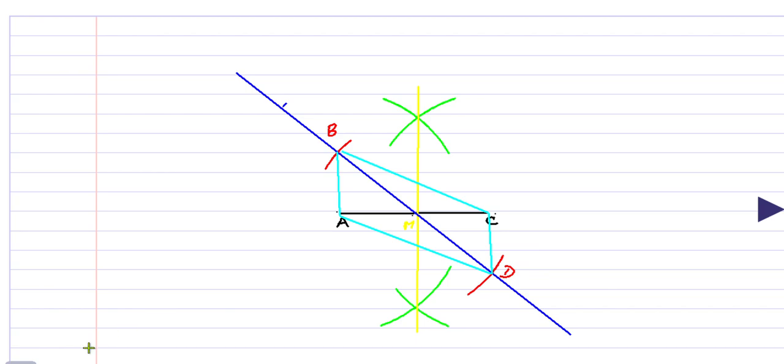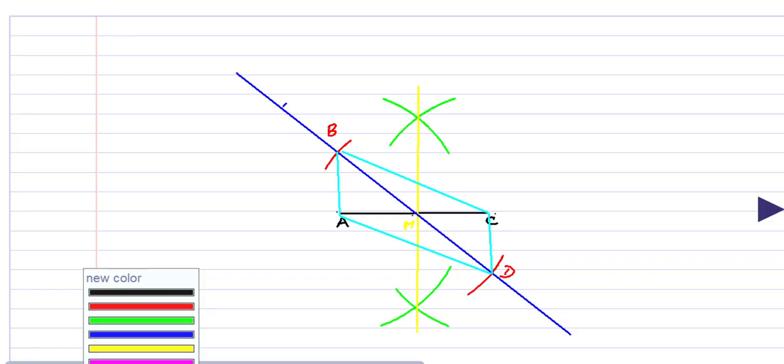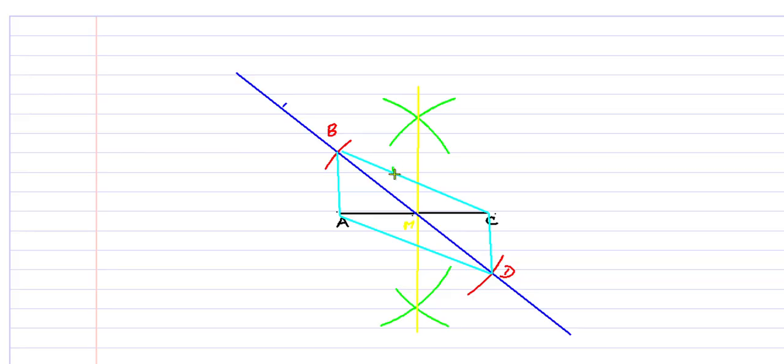So ABCD is a parallelogram with opposite sides parallel and equal. Diagonals are bisecting each other, thereby making an angle of 140 degrees.